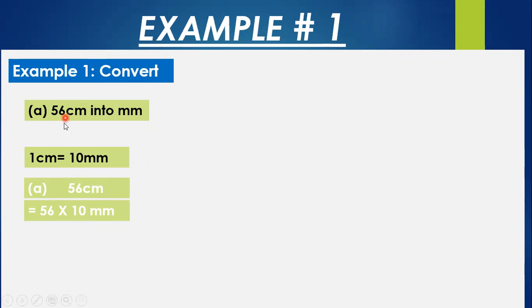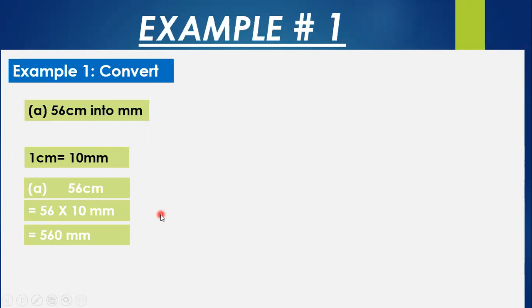Why? Because we have to convert a bigger unit to a smaller unit, and when we convert a bigger unit to a smaller unit, we have to multiply. So 56 multiplied by 10, because I want to change into millimeter. You will get the answer 560 millimeter.